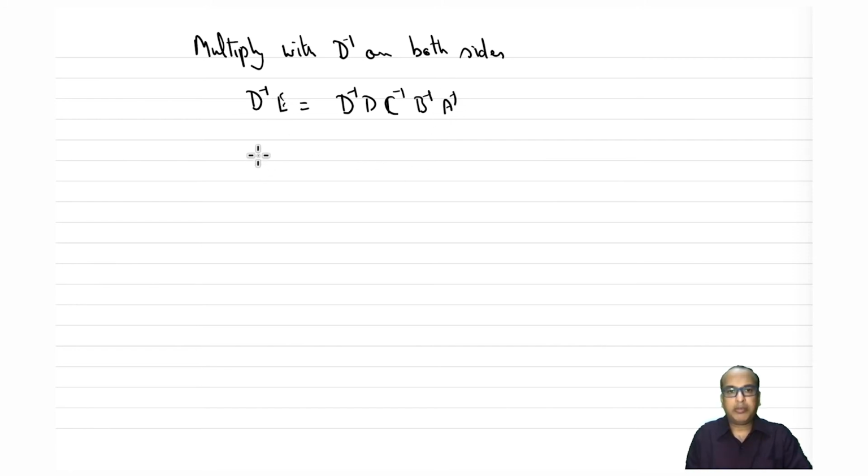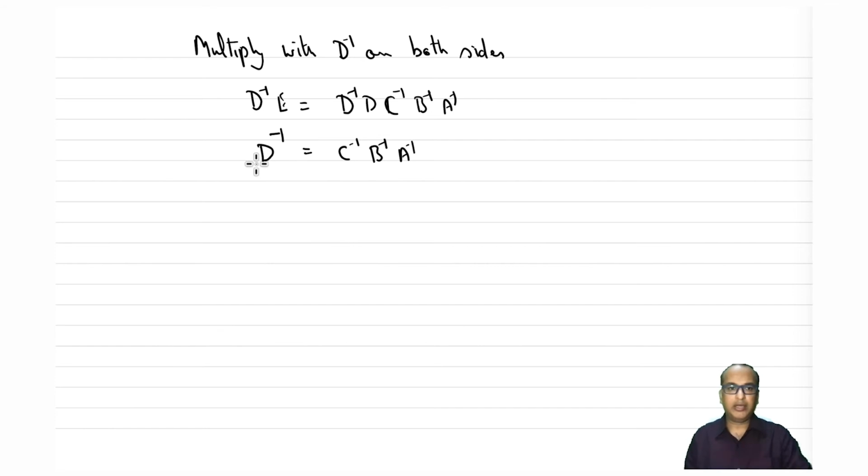Now I can skip this E, so I can just write D inverse. D inverse D will also be equal to E, so that also is not to be written. C inverse, B inverse, A inverse. So E is like mathematical 1, which is not required if you are writing it in multiplication, right?